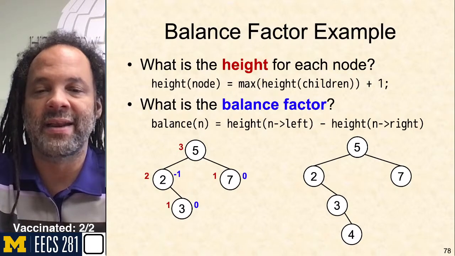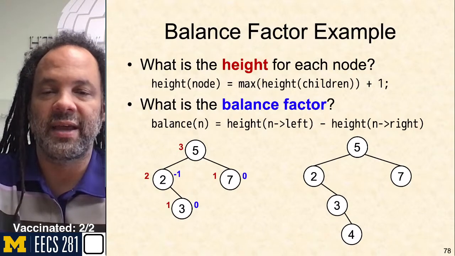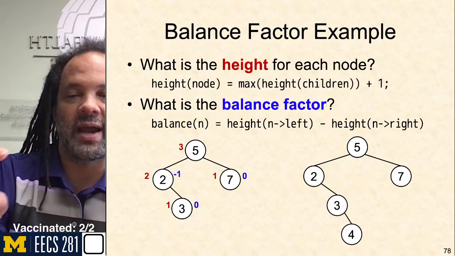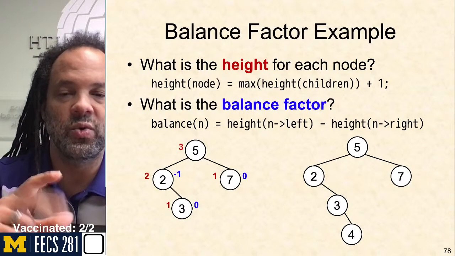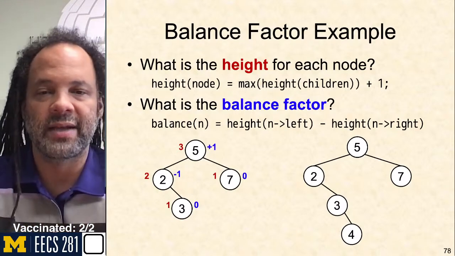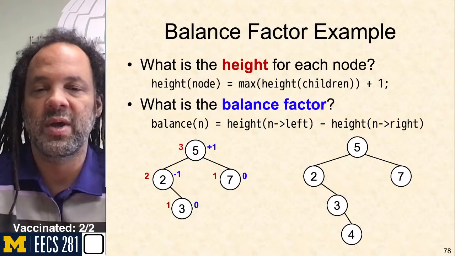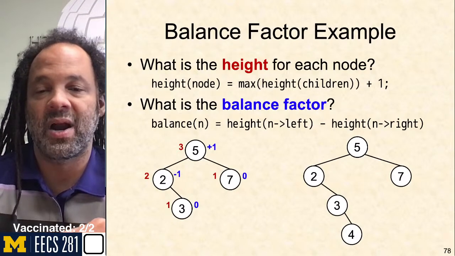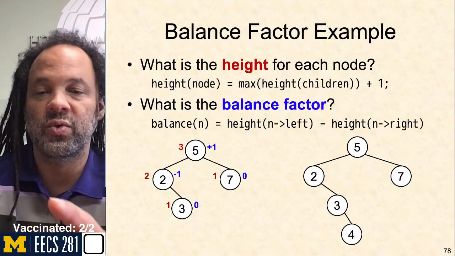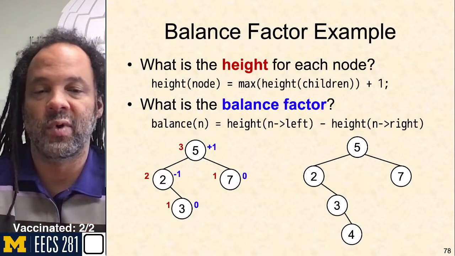And then finally, I'm going to calculate 5's balance factor by subtracting the 1 height of 7 from the 2 height of 2, and that just gives me a +1 there. So that's a perfectly balanced tree. None of the nodes in it have a balance factor greater than 1 or less than -1.